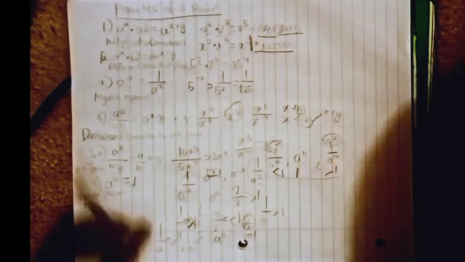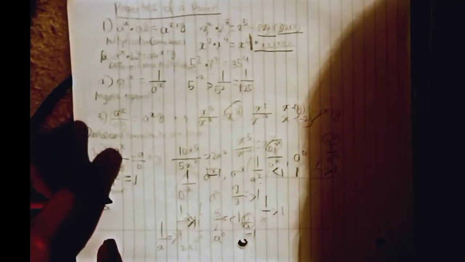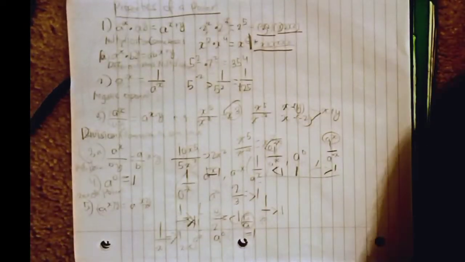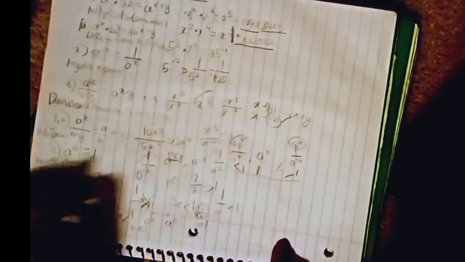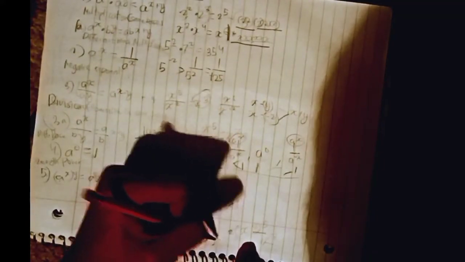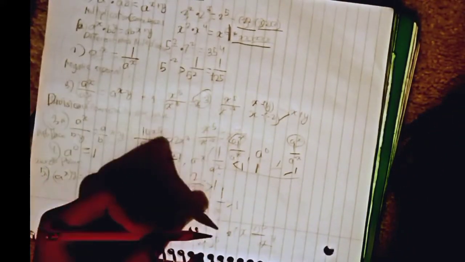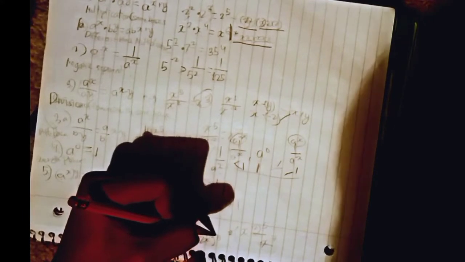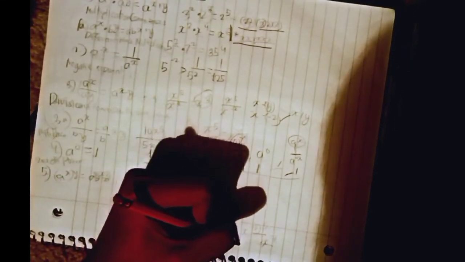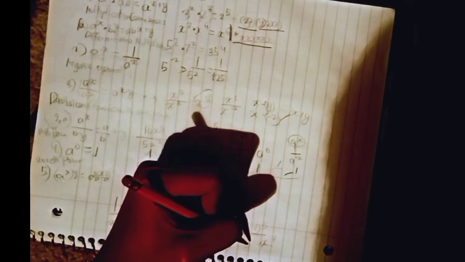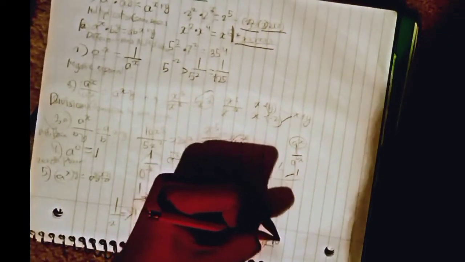Our last property is power of a power. a to the x to the y is a to the x times y. So we're going to have our example here, 2x squared to the 5th. We'll use what's called the distribution property. So we distribute that to x squared to the 5th, which we know that is... that's not 7, that's 10.